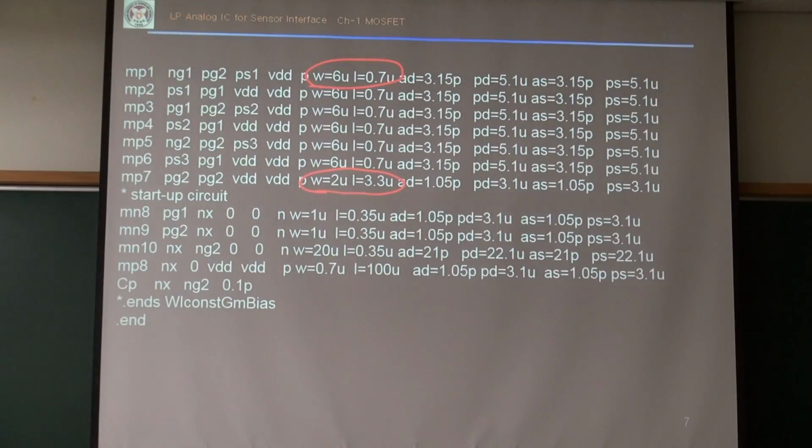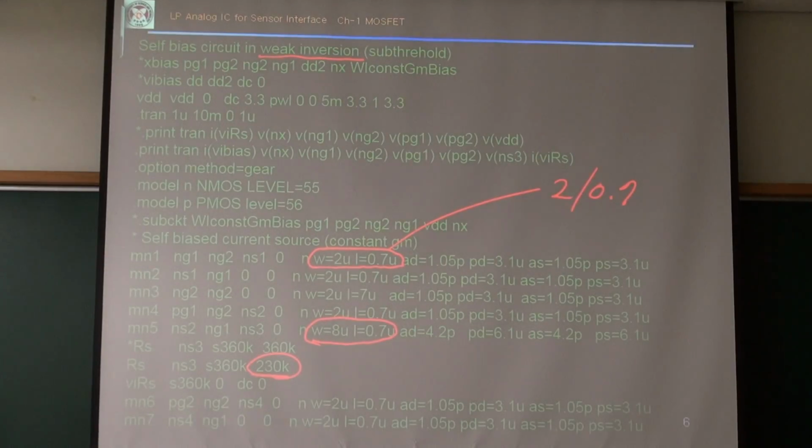Oh, okay. So for this one, you may comment out that capacitance stuff. In the previous design we used 10 by 0.7, and this one was changed to 2 by 0.7. Do we have a small transistor here?